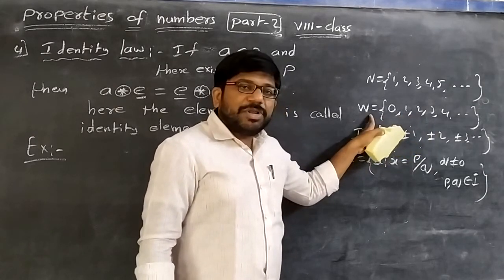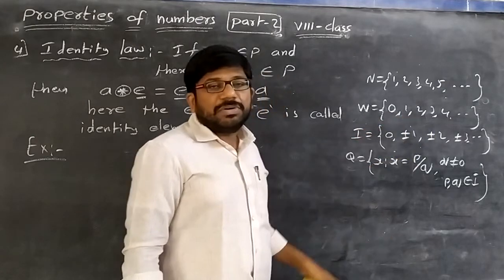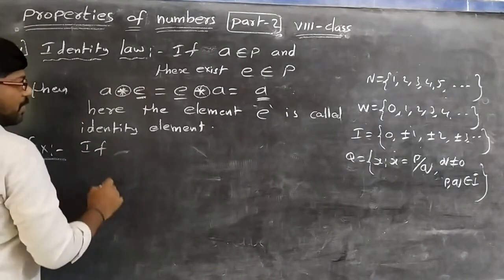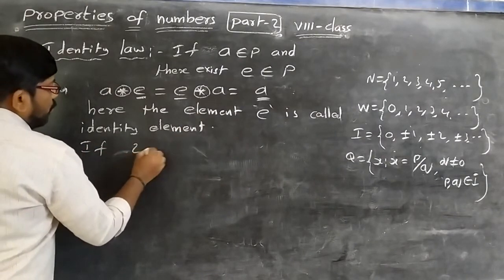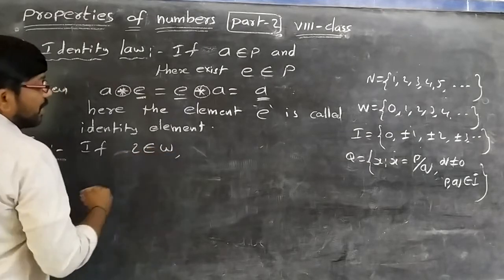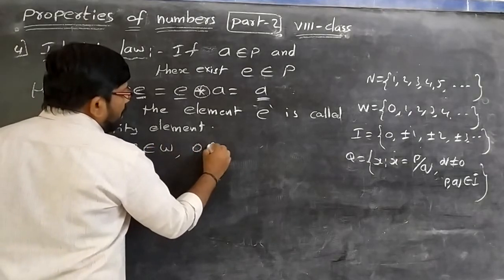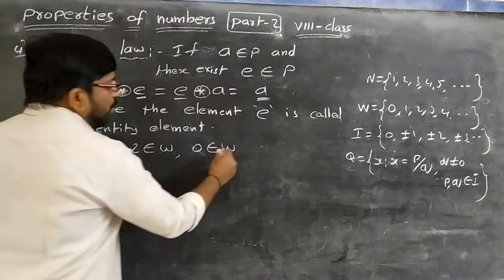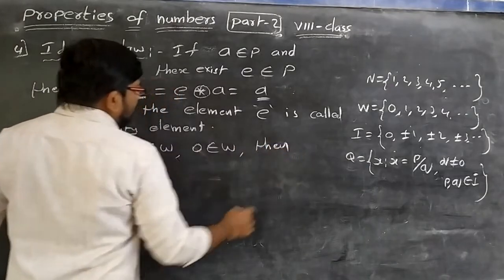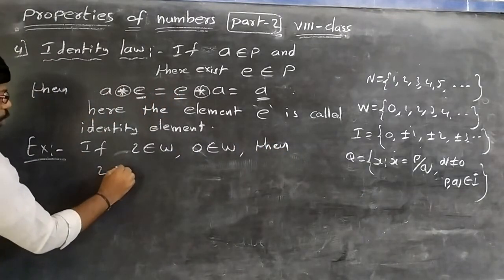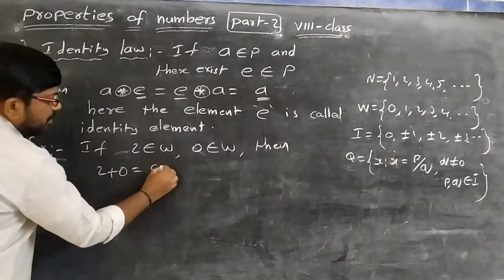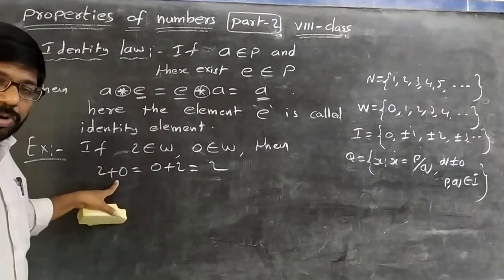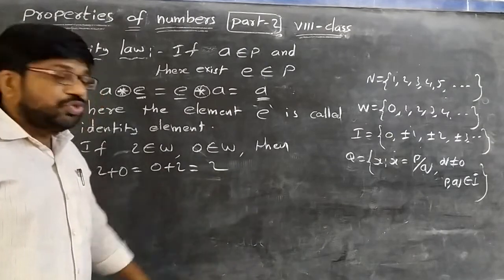So 0 belongs to W and 1 also belongs to W, right? 2 belongs to W and there exists 0 belonging to W. First check addition: 2 plus 0 is equal to 0 plus 2, which is equal to 2 only, right?